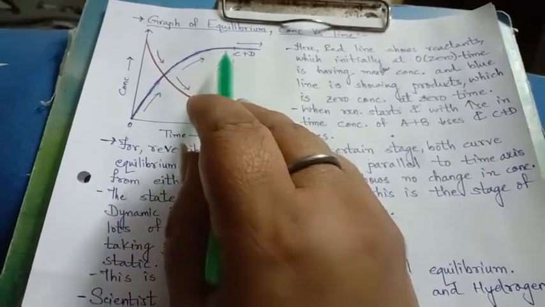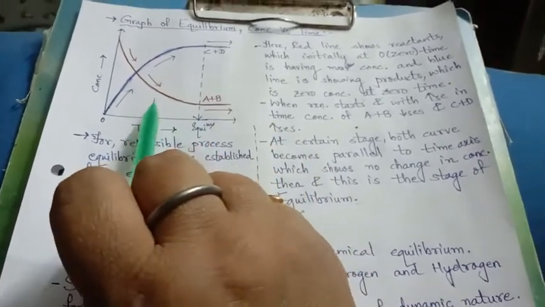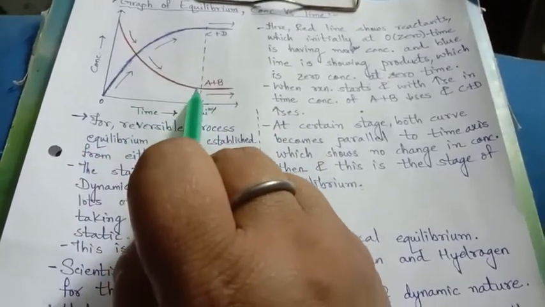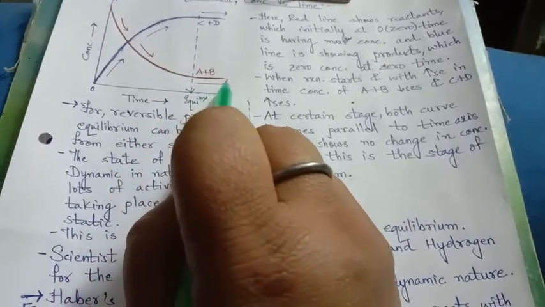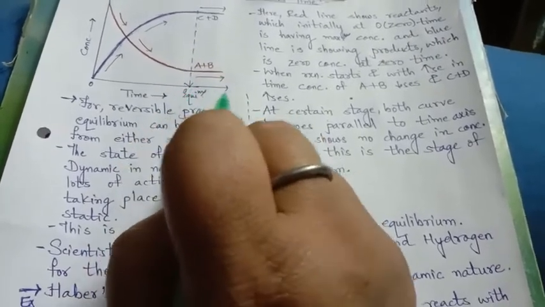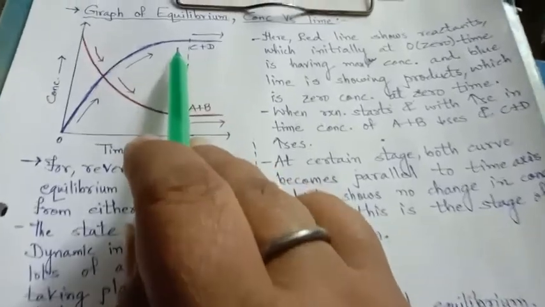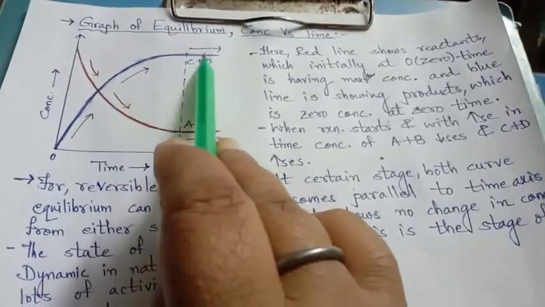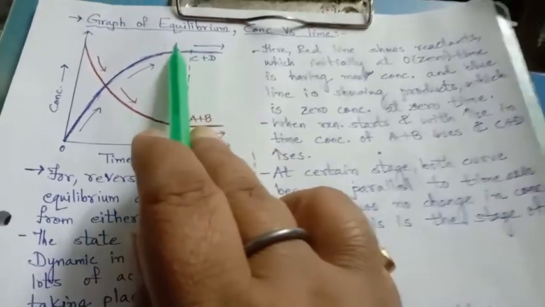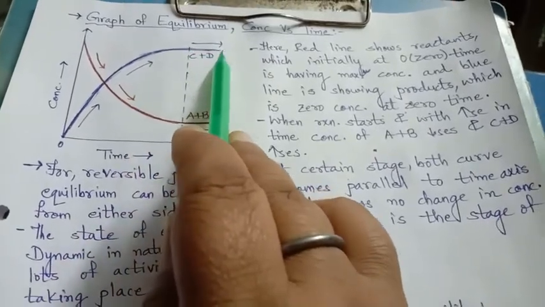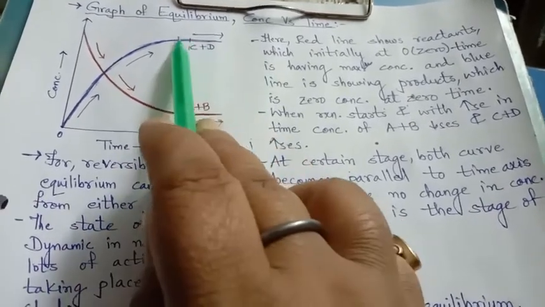And at a particular specific stage, the reactant line starts becoming parallel to the time axis, and the same with the blue line, the product line, which also becomes parallel to the time axis.